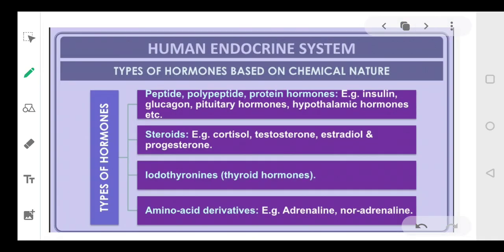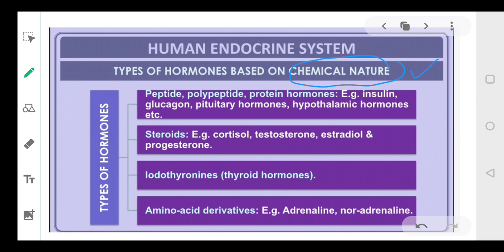Now, depending upon the chemical nature, the hormones can be classified into 4 types. See, so far we have been talking about the various hormones, the glands producing the various hormones. But we can categorize all these hormones into 4 categories depending upon their chemical nature.